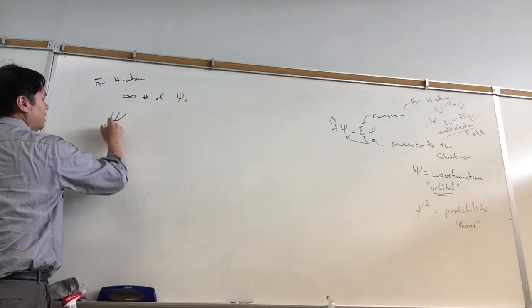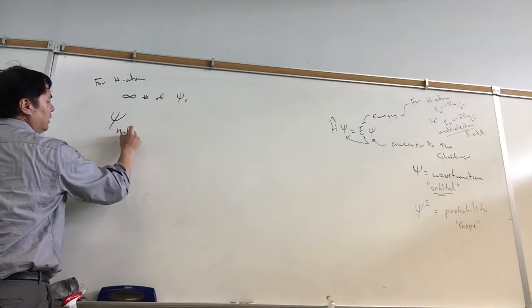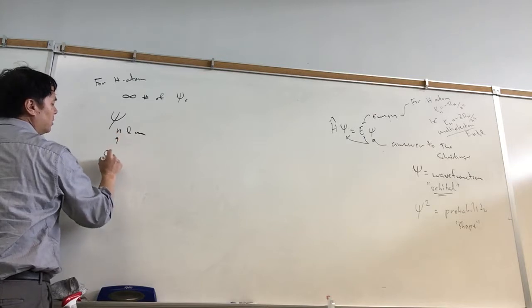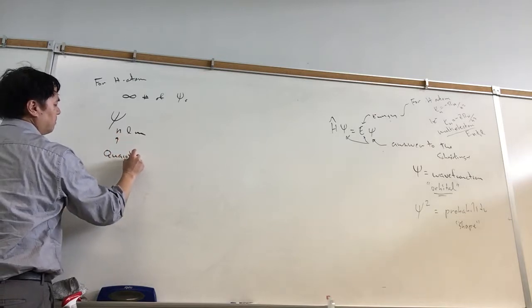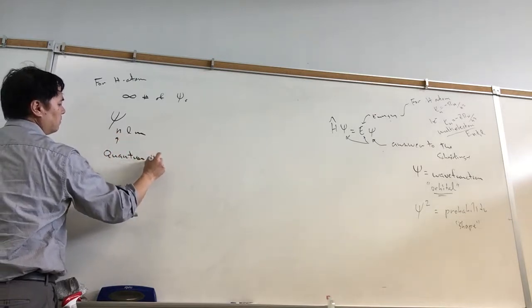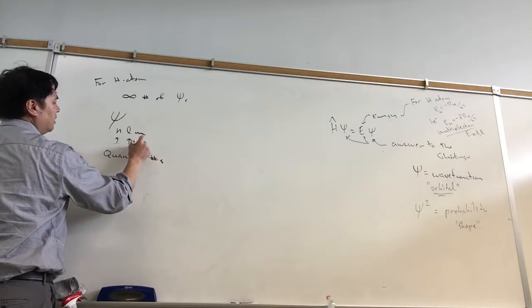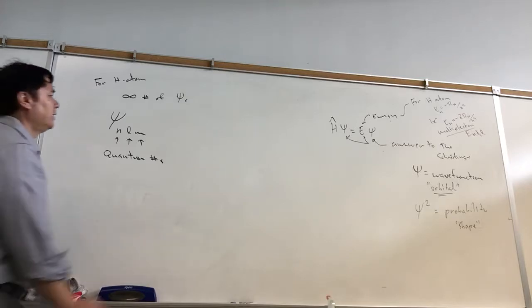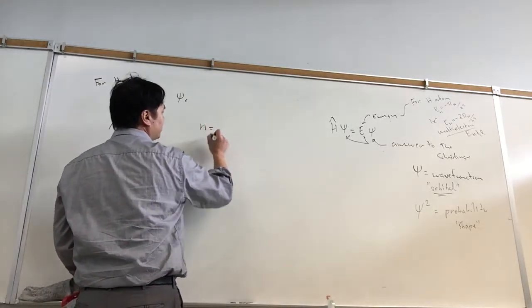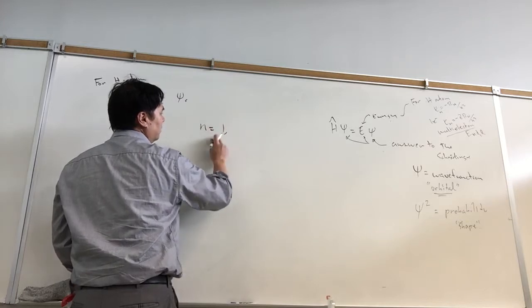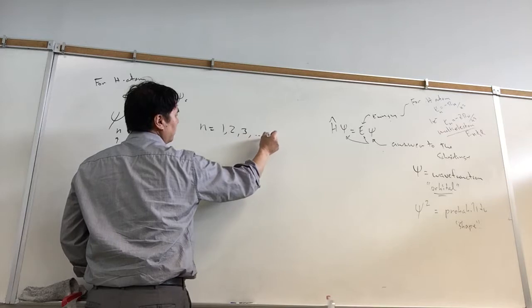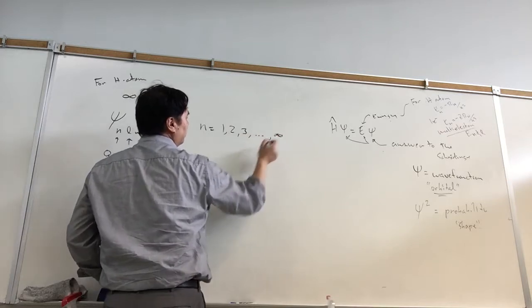And so it turns out that each psi depends on 3 variables, n, l, and m. These are the quantum numbers. So each psi, well, n can only have certain values. The values of n allowed are 1, 2, 3, etc., all the way to n equals infinity.